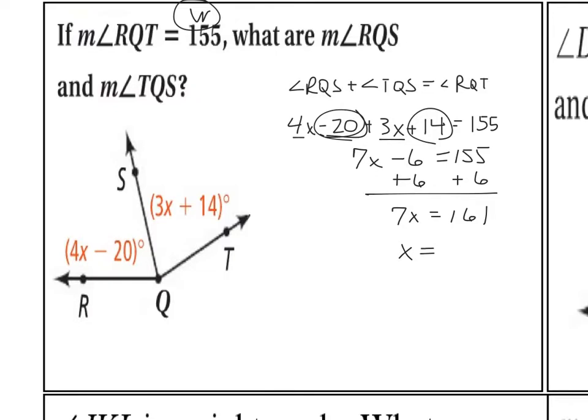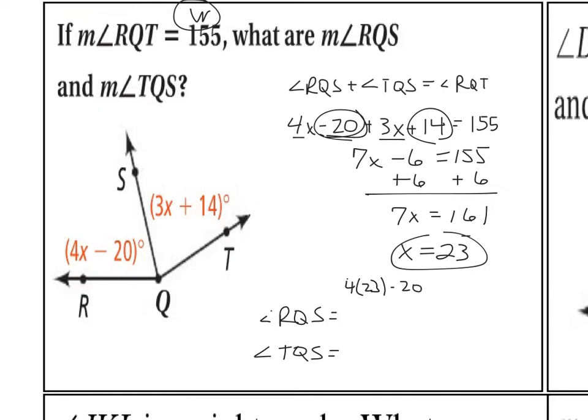Now, again, I'm not done, because they want to know what the measure of those two angles are, angle RQS and angle TQS. So for RQS, I'm going to plug 23 in. I'm going to take 4 times 23 and then subtract 20 from it. I end up with 72 degrees.